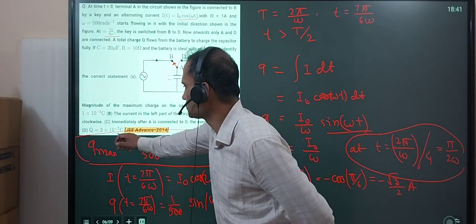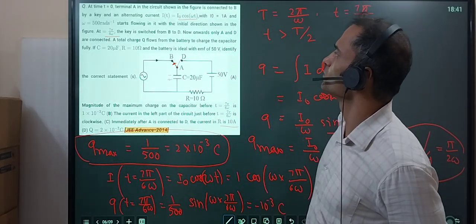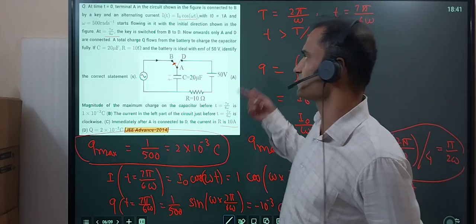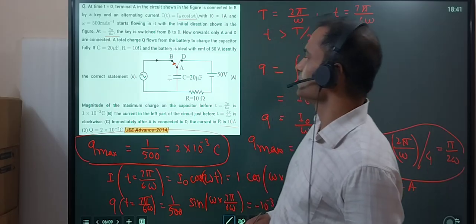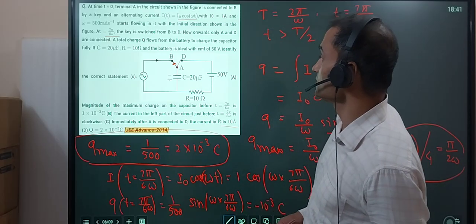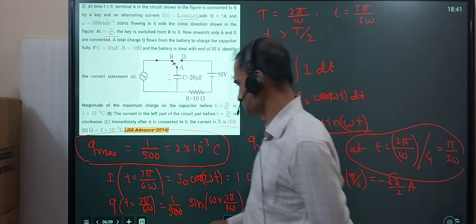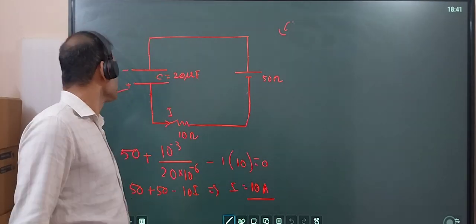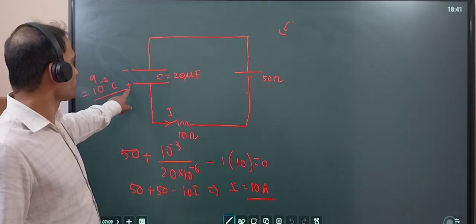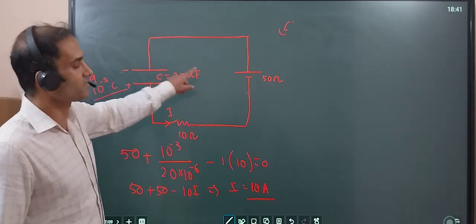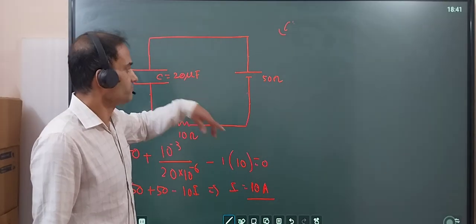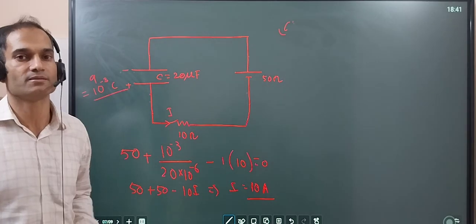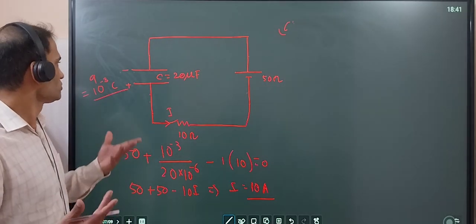What is Q? A total charge Q flows from the battery to charge the capacitor fully. So how much charge is flowing? Right now this is positive, it is negative, but finally this is going to be positive, this is going to be negative, so a lot of charge should be there.